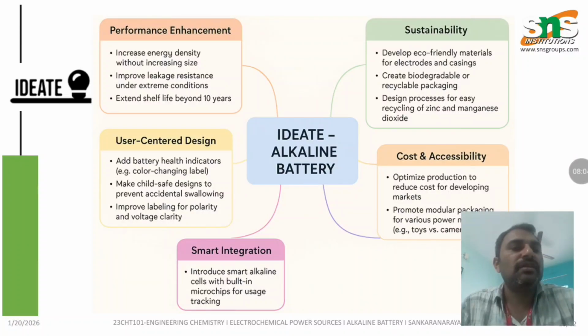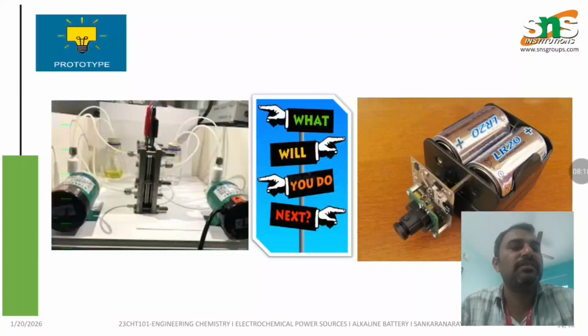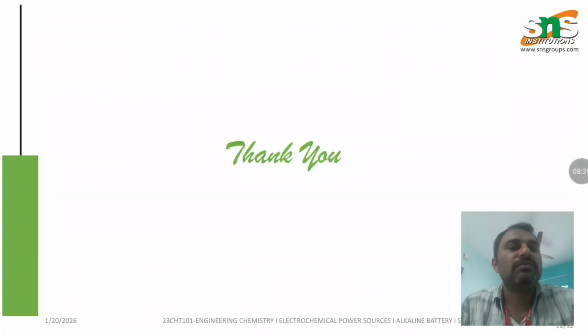Another is smart integration, where we can build in microchips, and use eco-friendly materials for electrodes and casings. It is also cost effective because it is comparatively cheap. This is the prototype, where we are using the anode and cathode. Thank you.